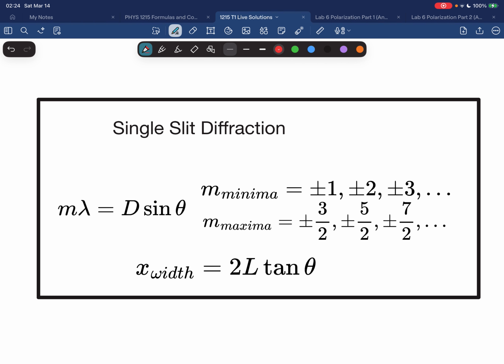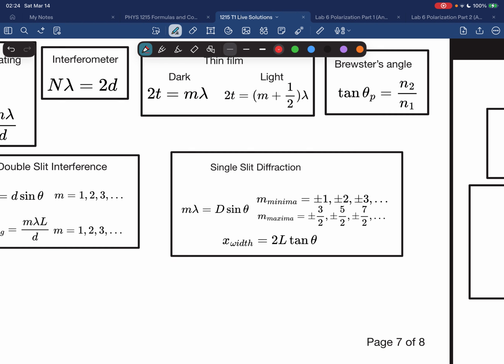We just determined that we are looking at maxima, so we are going to be using m maxima, that string with fractions, odd numbers divided by 2. We are also told that this is the third order, so we're going to pick the third item in this list. So that is the plus or minus 7 over 2. As we discussed in class, we're just going to be using the positive values for this. So we're going to take positive 7 over 2 for m.